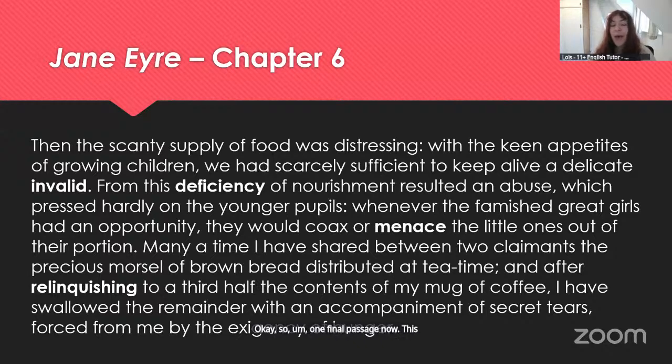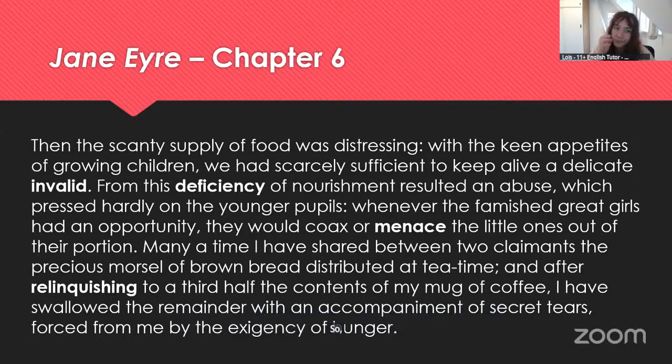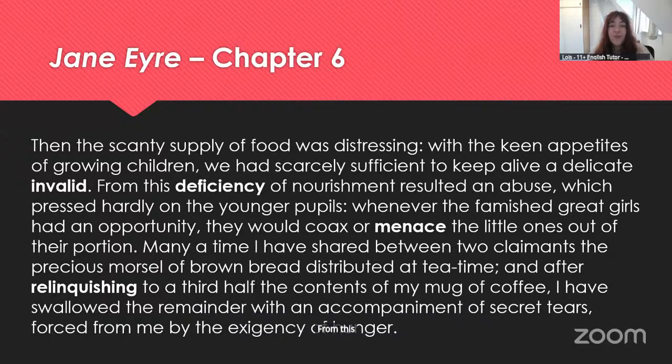This section talks about the food that was given to the students at school. So I'm just going to read this passage and then you're going to have a few words to identify in the text. Then the scanty supply of food was distressing with the keen appetites of growing children. We had scarcely sufficient to keep alive a delicate invalid. From this deficiency of nourishment resulted an abuse which pressed hardly on the younger girls.